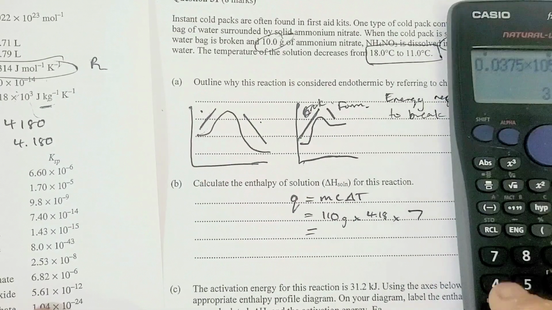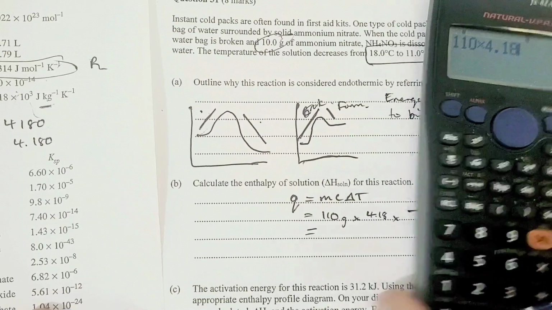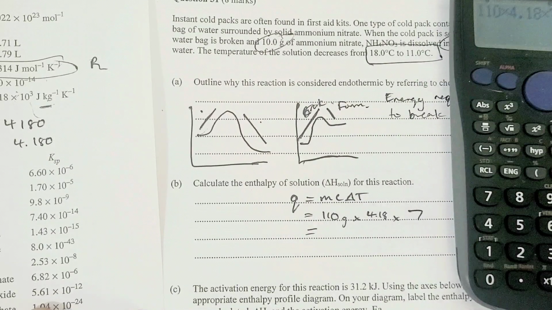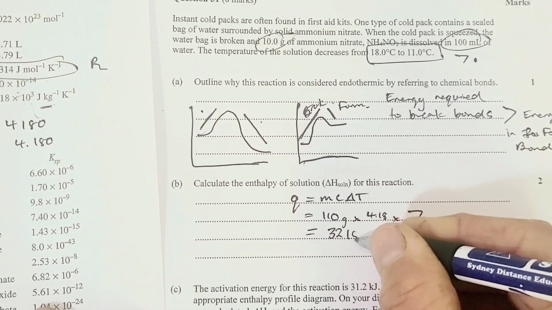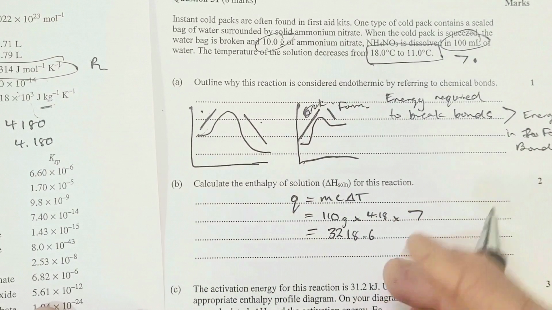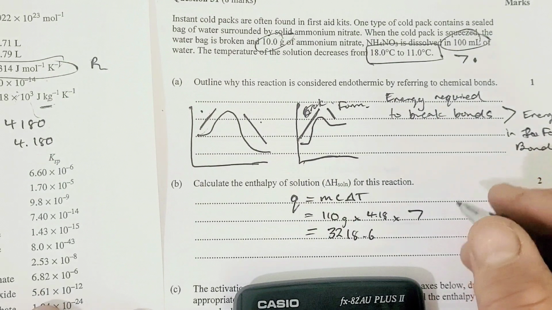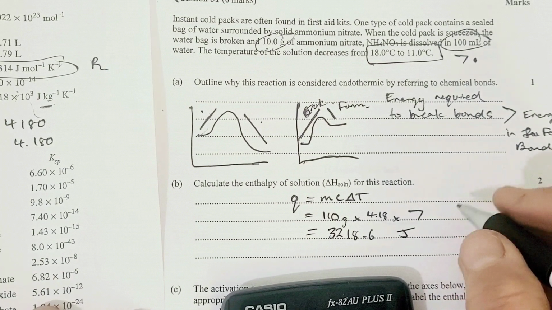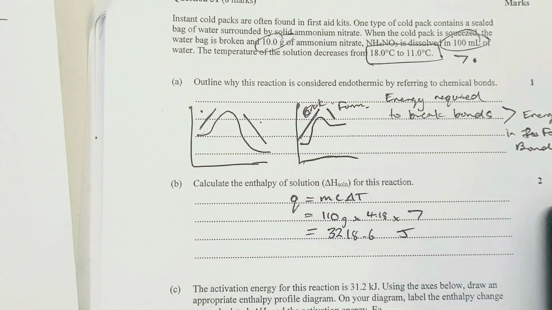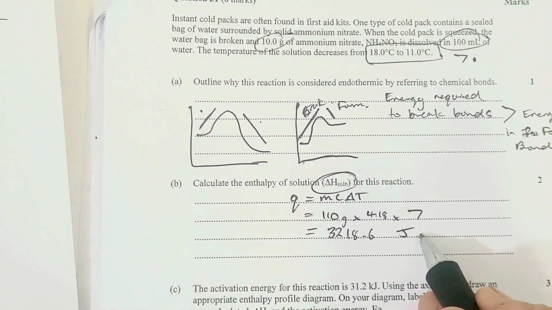Okay, so let's try this. 3218.6 joules. Okay, so this is the heat given off. Now the heat of solution wants the joules per mole.